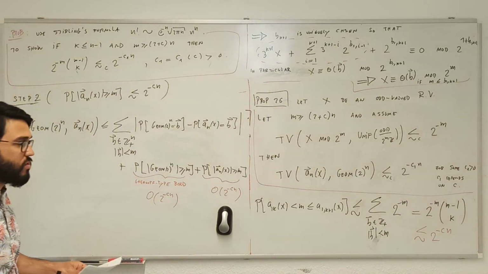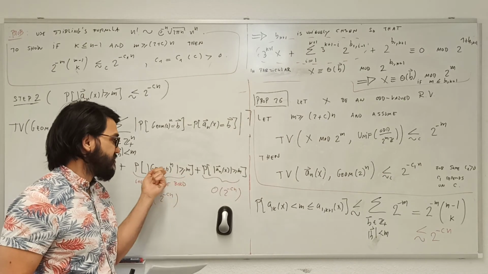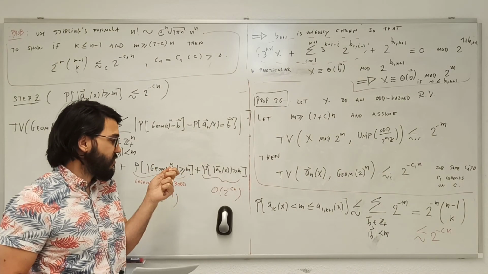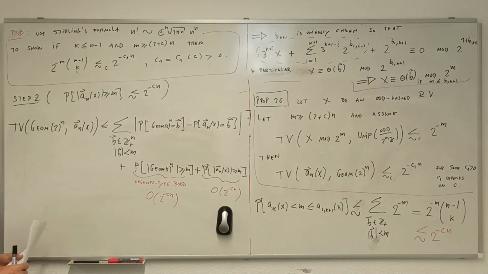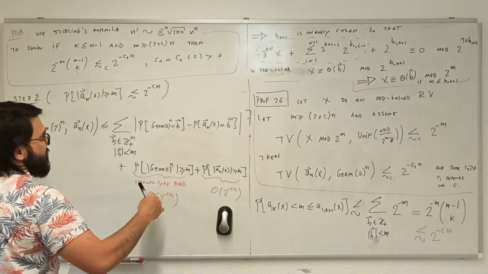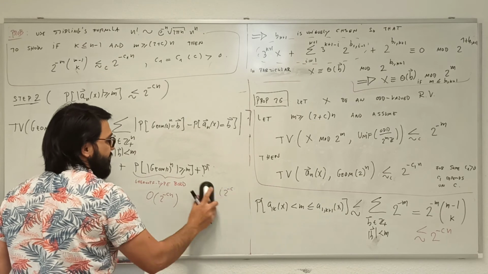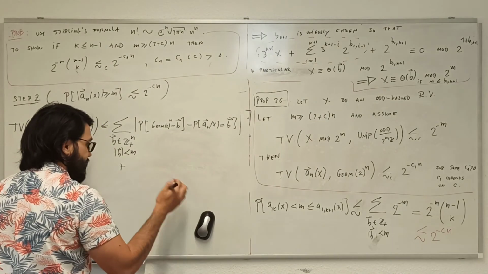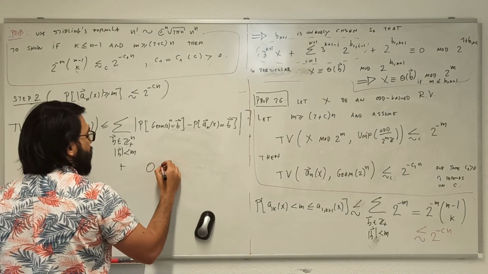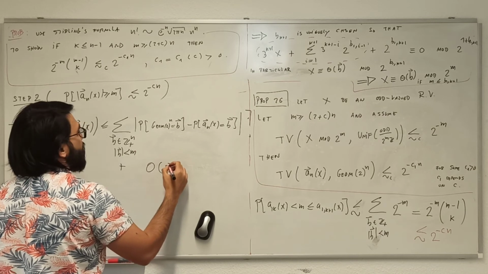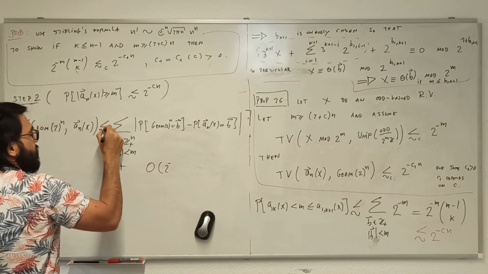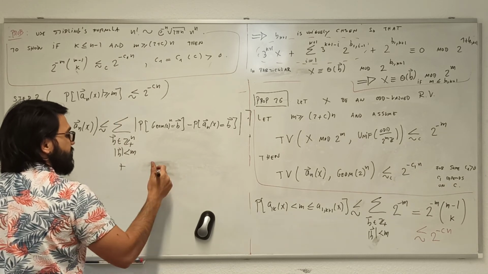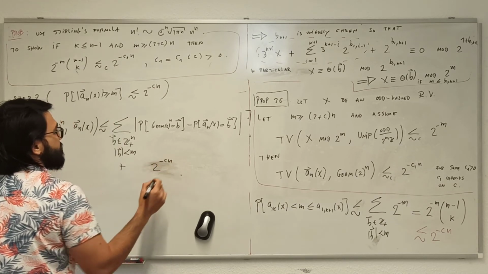Or you can do it by brute force, you can actually compute this without using the lemma and show this as well. Okay, so this whole thing here is O of this, so I can again, well, I can even put it like this and make here a 2 to the minus Cn.